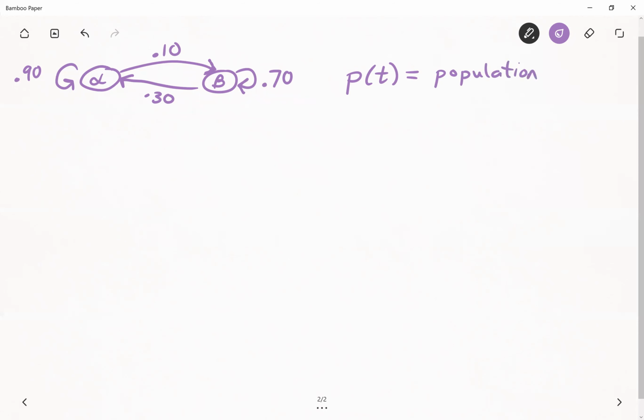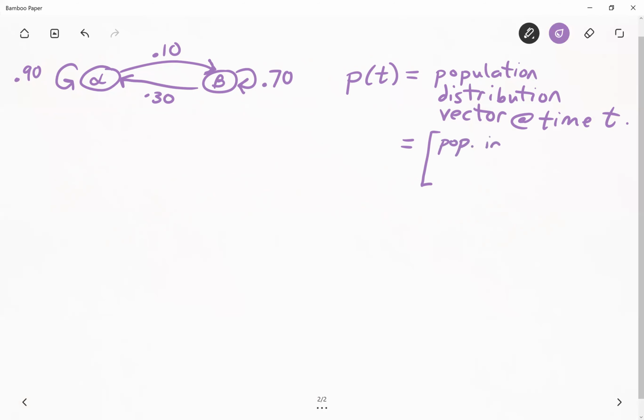let's say the population distribution. This is going to be stored as a vector at time t. And so for instance, we'll think of this as the population, I'll abbreviate as pop, in area alpha.